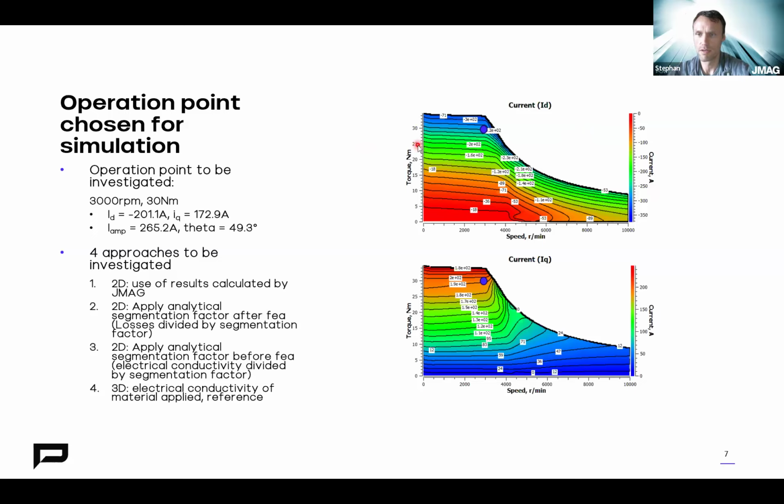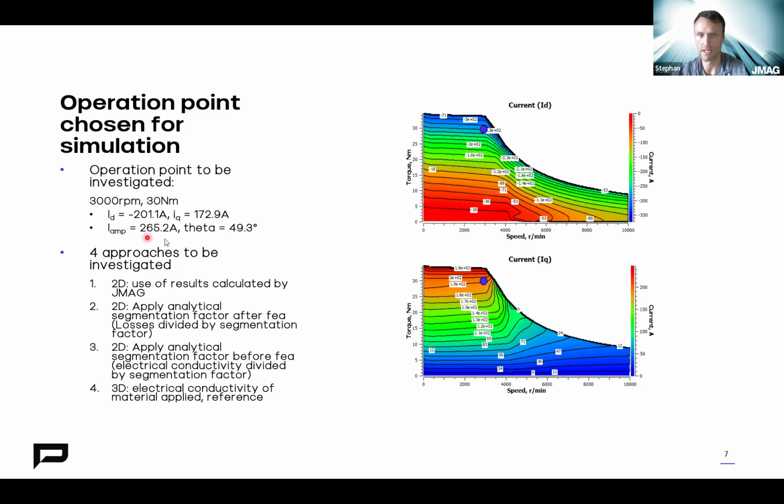As described, I want to supply my e-motor model with a specific, reasonable current. I created such kinds of operation maps for this e-motor model, and the goal was now to simulate at 30 Newton meters of torque and 3000 RPM. According to these operating maps, this gives a certain current in the d-axis and a certain current in the q-axis.